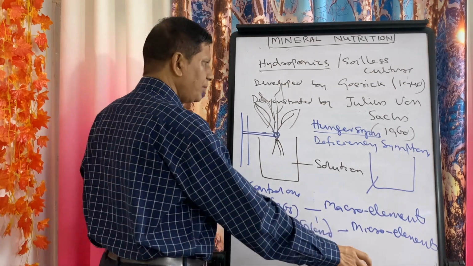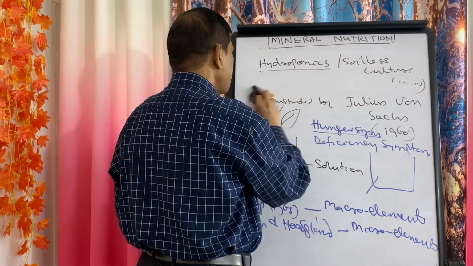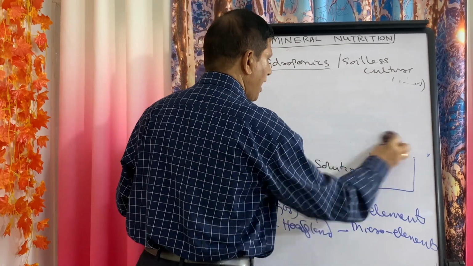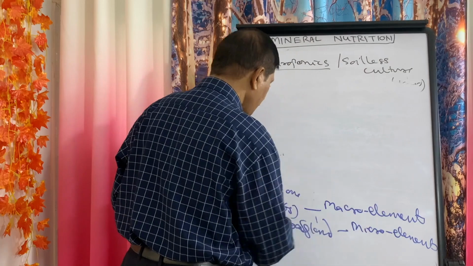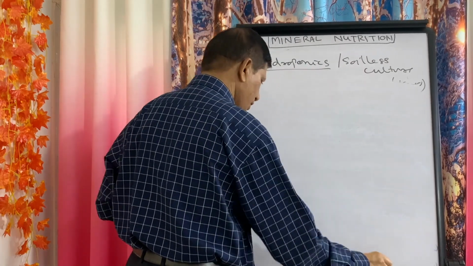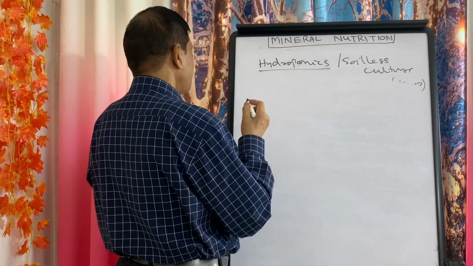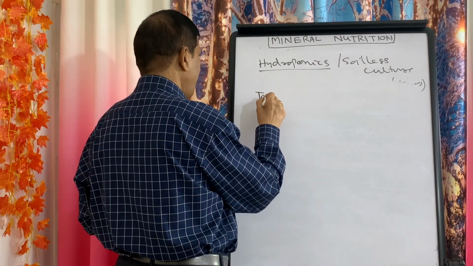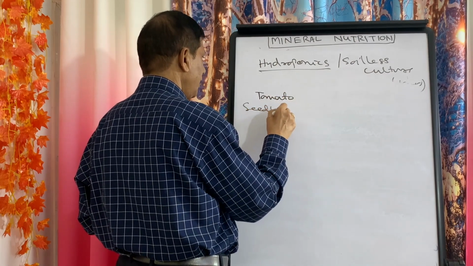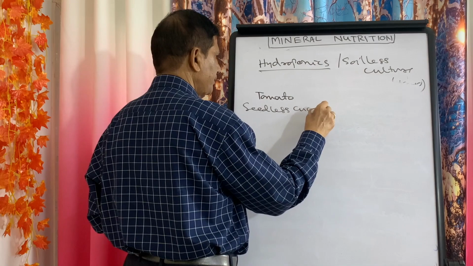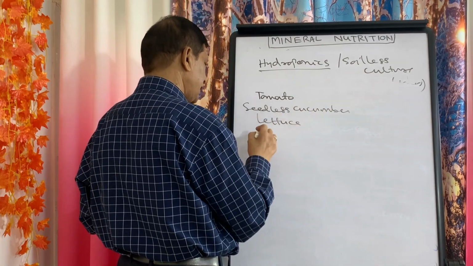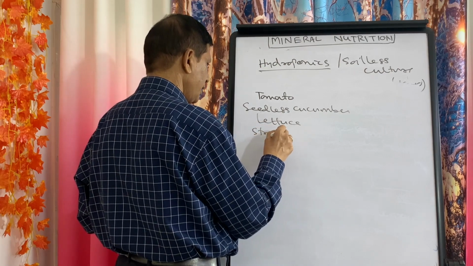It has been found that the growth of some plants through hydroponics is very successful, and the yield is also very high. Some of the examples are tomato, then seedless cucumber, then lettuce, and also strawberry.